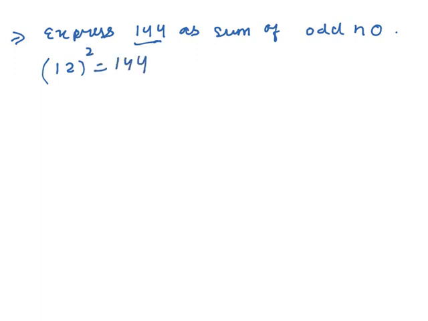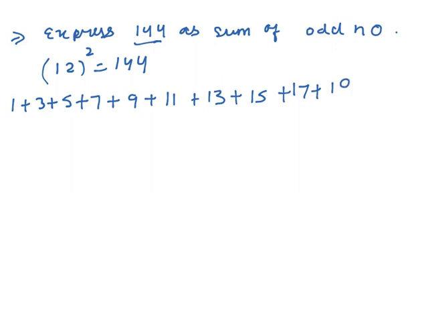So we can express it as the sum of the first 12 odd numbers, whose sum will give us 144. So it means 1 plus 3 plus 5 plus 7, 9, 11, 13, 15, 17, 19, 21 and 23. It will give us 144. If we add these numbers, that sum will come as 144.